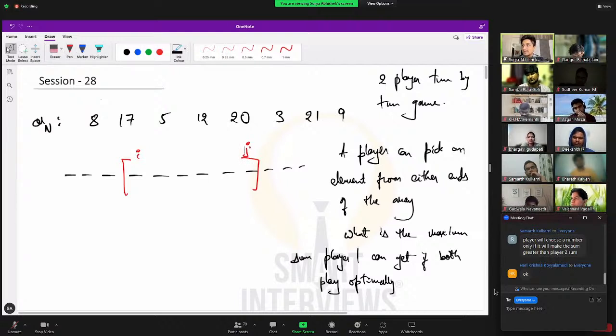Index I to index j elements are left. That is the middle of the problem here. So using index I to index j elements, what is the maximum sum that the current player can get? That is how we need to start thinking now.